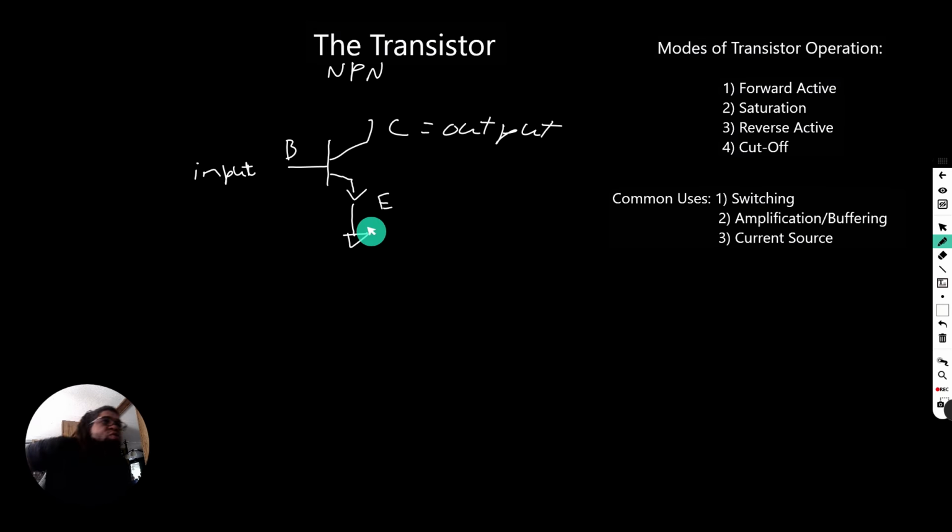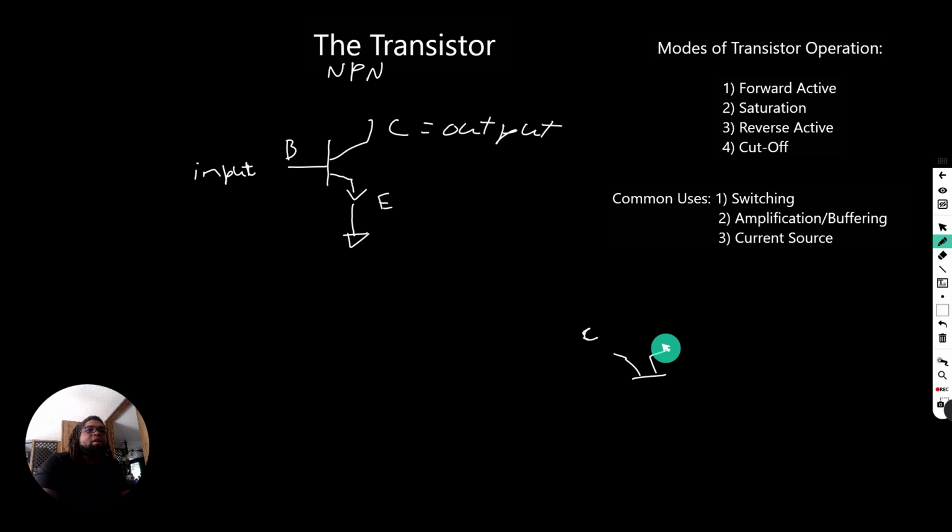Remember, again, you can use a transistor in many different ways. You can use a transistor to where we have the collector, and when this is happening, we usually write it like this.